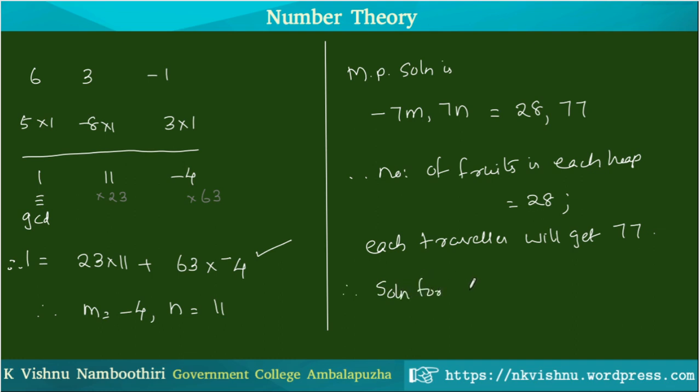Solution for ax plus by equal to c need not be unique, because we cannot say strictly that there exists one x and one y and only that x and y in such a way that ax plus by is equal to c is satisfied. We have already seen that for Mahavira's puzzle, which is a linear Diophantine equation, we have found two solutions for the linear Diophantine equation.